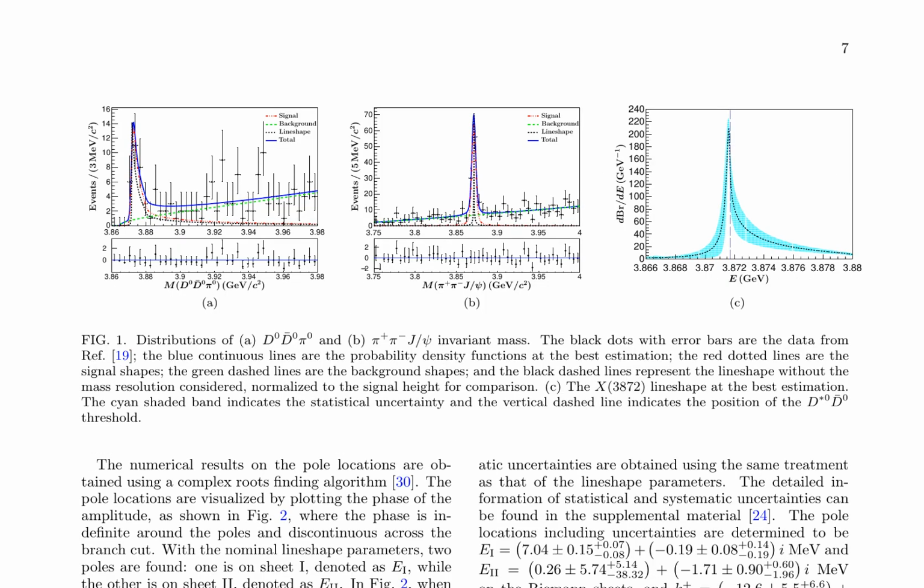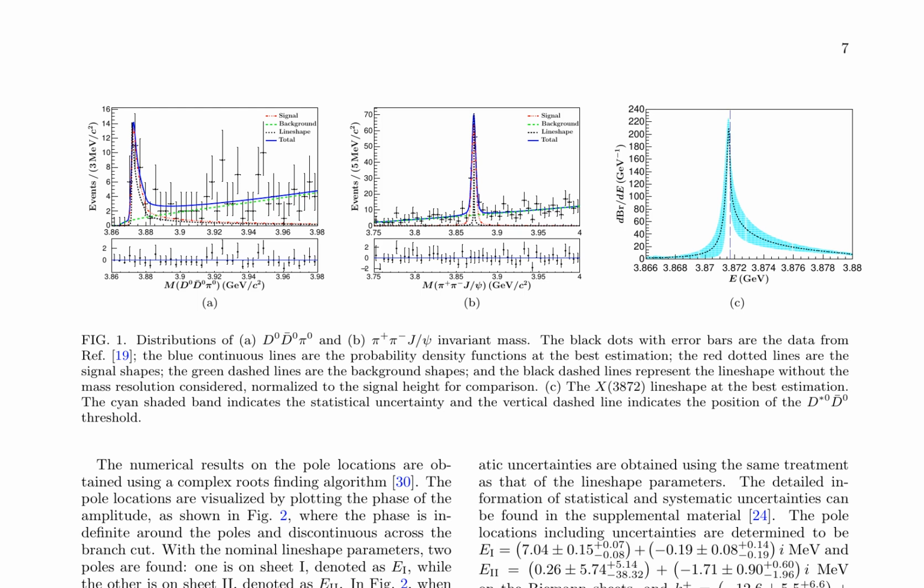The X(3872) resonance is comprehensively analyzed in this study, with a focus on its lineshape and branching fractions. Utilizing data from the BESIII experiment, the research determines the lineshape parameters and pole locations for this resonance. The results reveal that the X(3872) is a virtual state, characterized by two poles situated on different Riemann sheets.